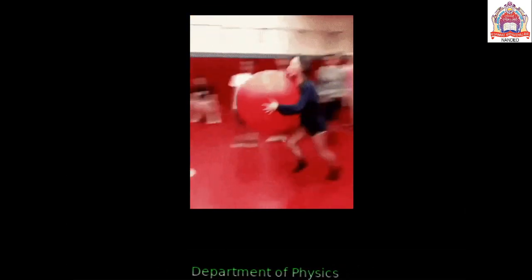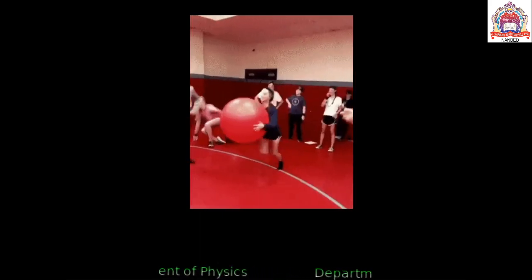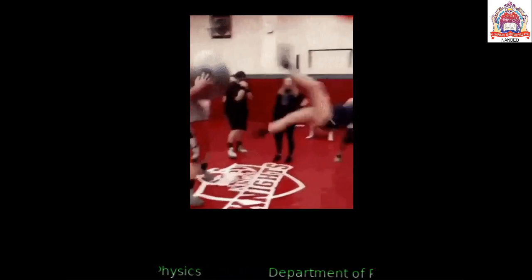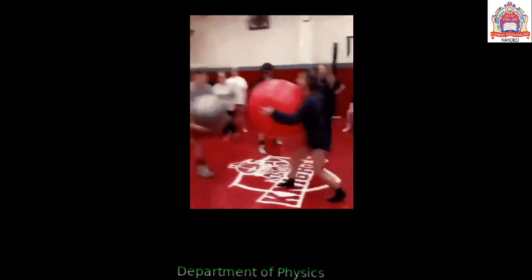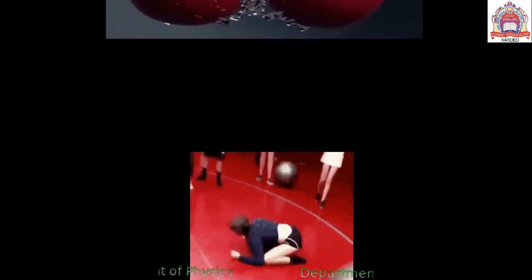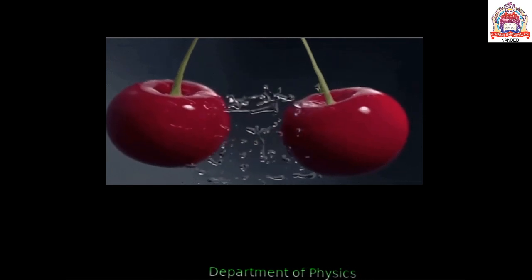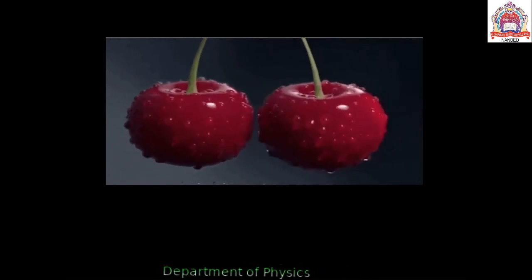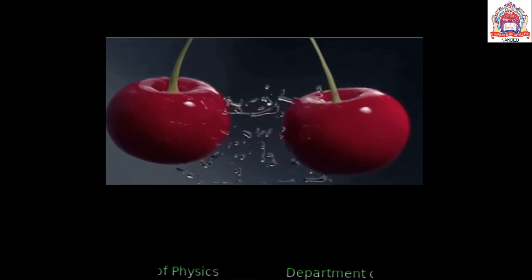Just observe the slide. After hitting, the girl is thrown in the opposite direction. What action takes place when they hit each other?